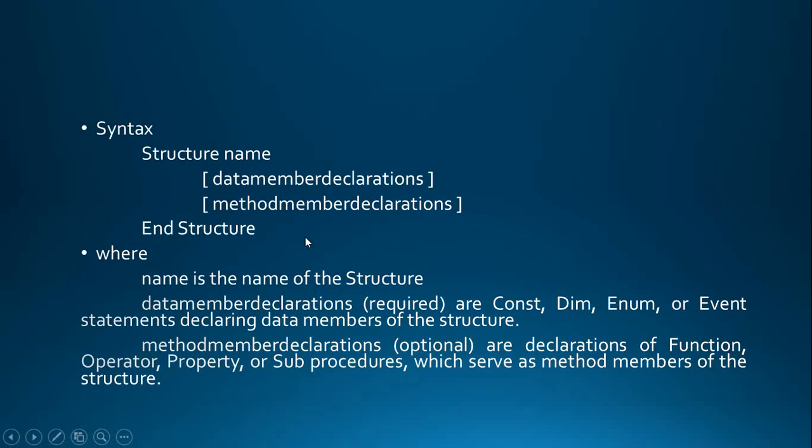You can declare all the data members inside the structure, and then you can also declare the methods that you can use inside the structure. Methods are the declarations of function, operator, property or sub procedures which serve as method members of the structure.